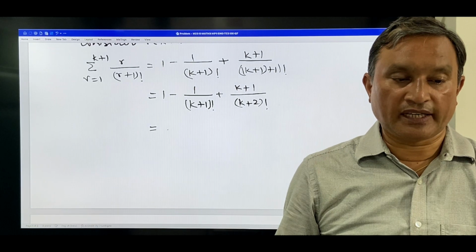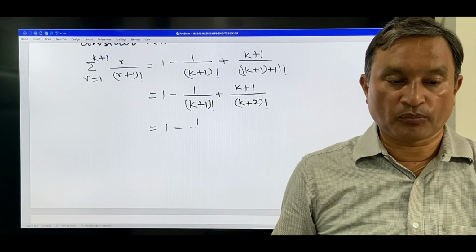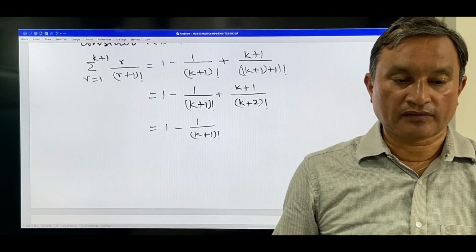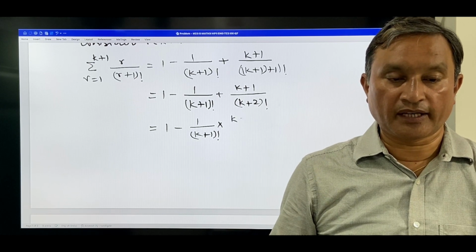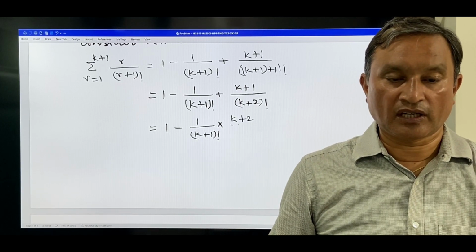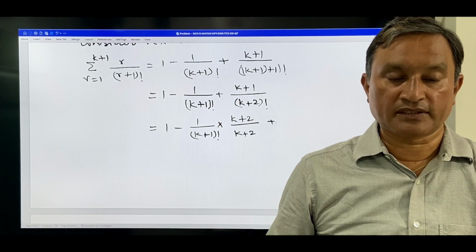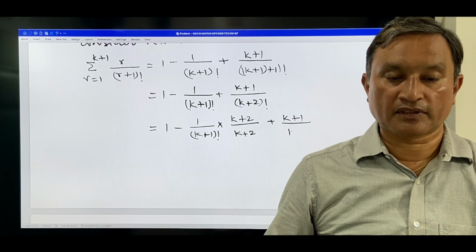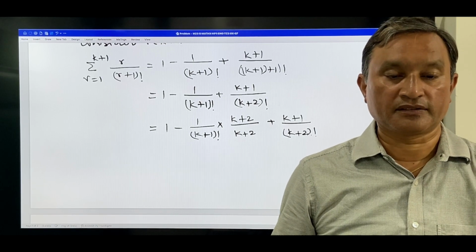So we will write here 1 minus 1 upon (k plus 1) factorial into (k plus 2) upon (k plus 2), plus (k plus 1) upon (k plus 2) factorial.